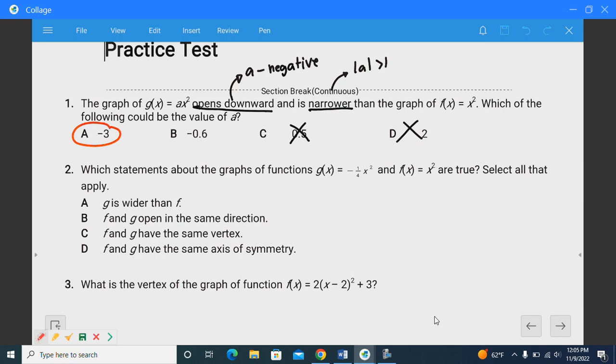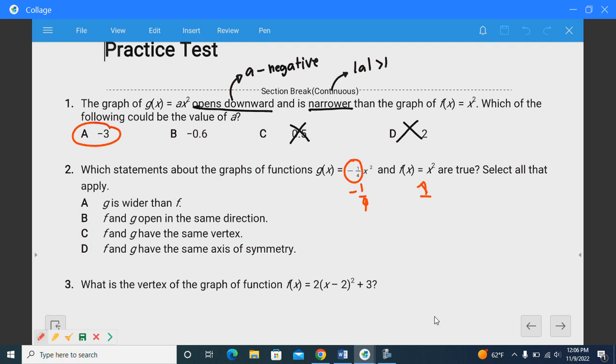Number 2. Which statements about the graphs of functions g of x is equal to negative 1/4 x squared and f of x equals x squared are true? Select all that apply. That means it does not limit you to one answer only. So let's focus on A. Our a here is negative 1/4, and here we have an invisible 1.